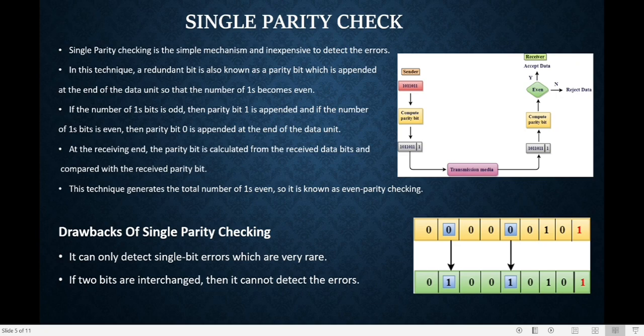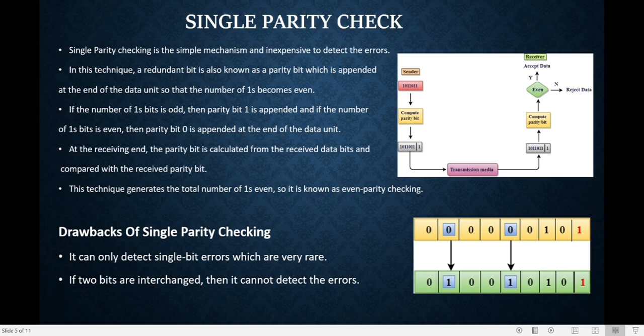It works as 1 is added to the block if it contains an odd number of ones, and 0 is added if it contains an even number of ones. In this scheme, this scheme makes the total number of ones even. That is why it is called even parity check.